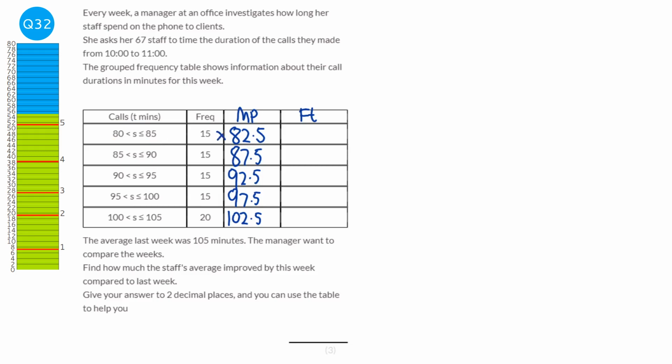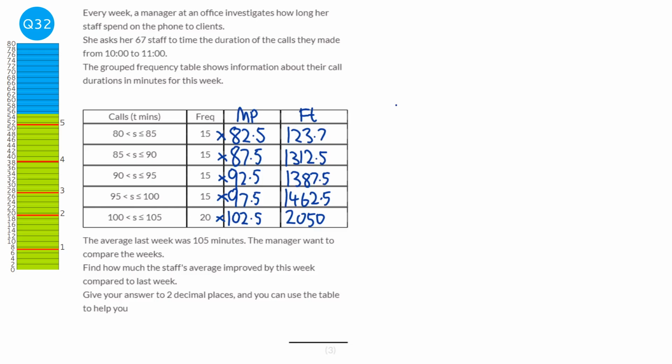So we're going to do 15 times that, which will be 1237.5, and we're just going to keep going and multiplying each of these together. And then finally 2050.